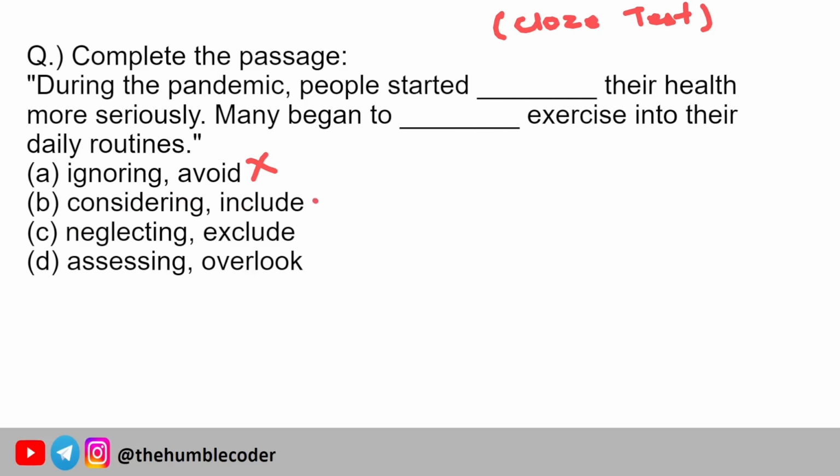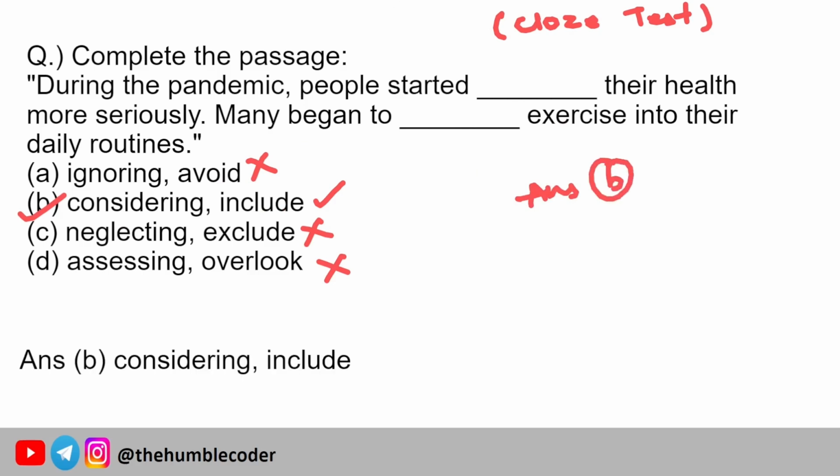Yes, this seems to be a better fit. Third one is neglecting, which means not taking care, and fourth is assessing. We never assess the health, we take care of it, so which means considering. Many people started considering their health more seriously. Many began to include exercise into their daily routine. So the correct answer for this question is option B, which is considering and include.